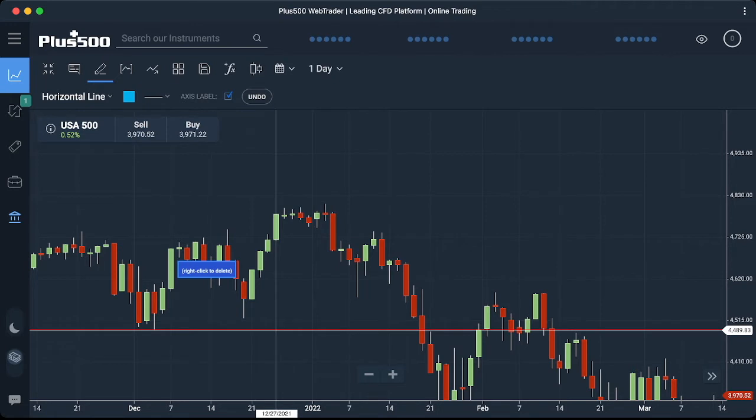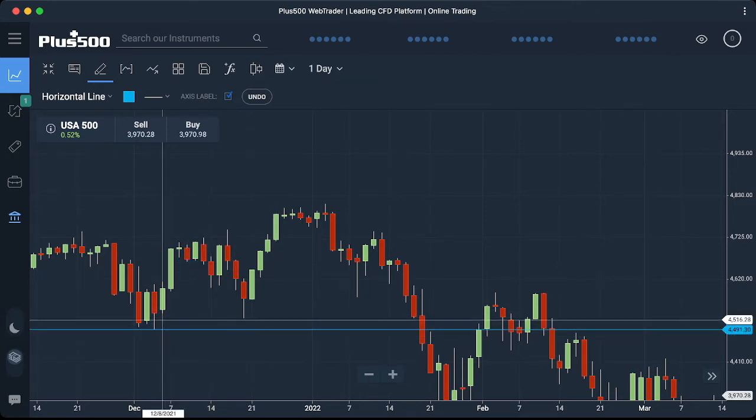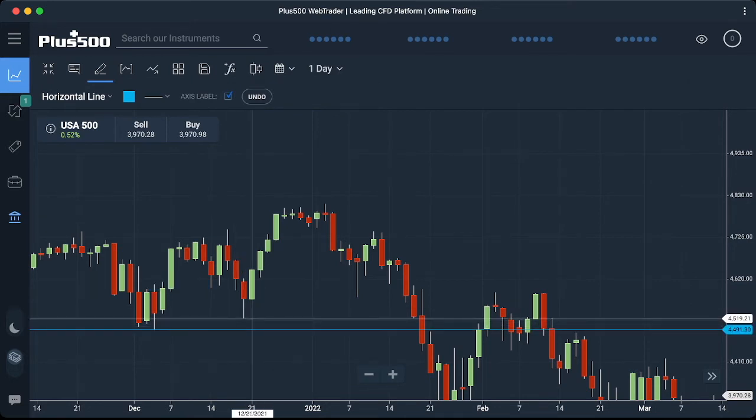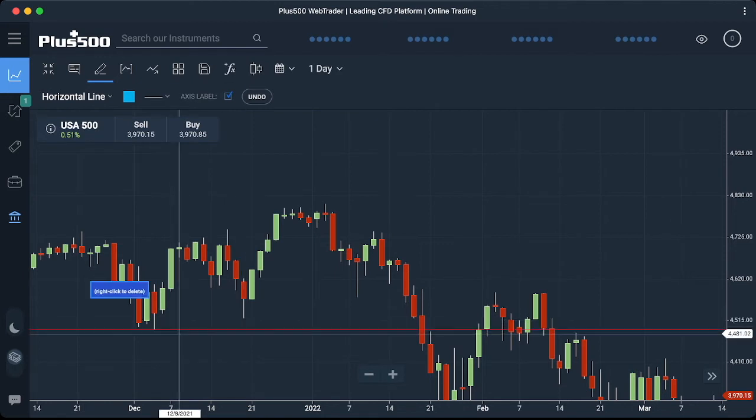Because these two liquidity are almost equal, after taking this liquidity, as we don't see any kind of imbalance on this side, we want the next liquidity also to be taken.